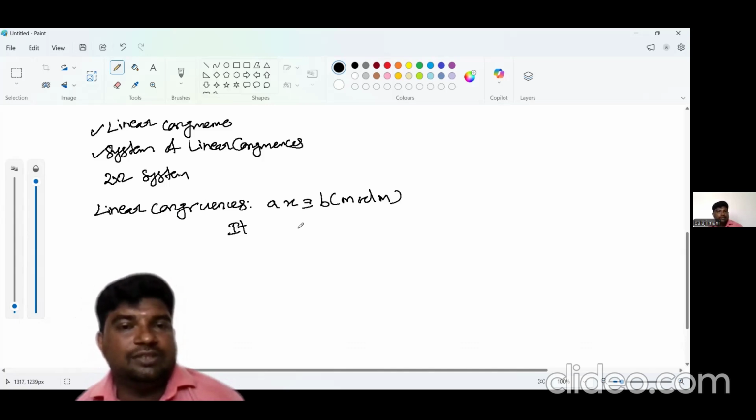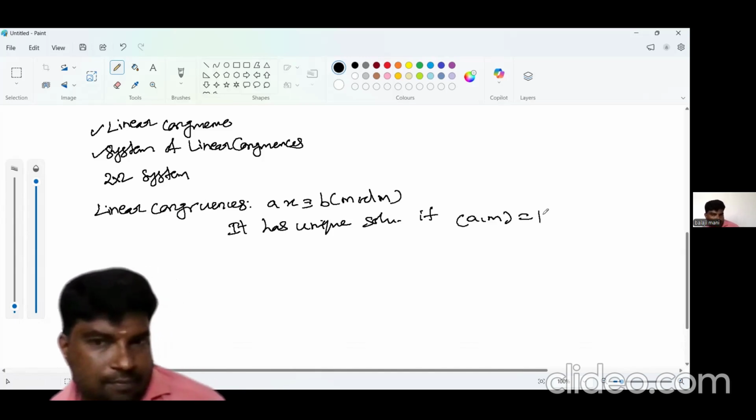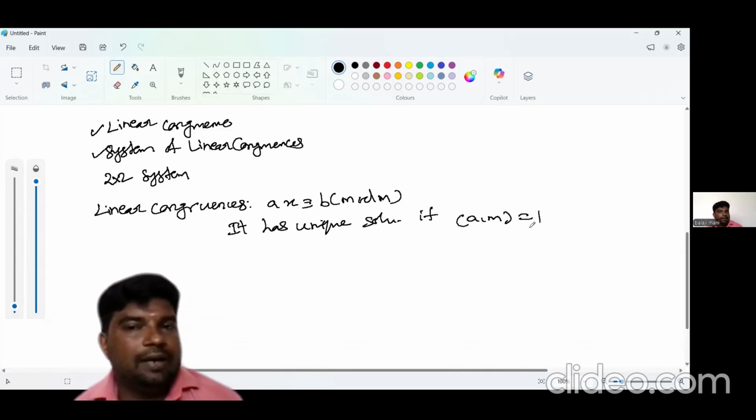It has a unique solution if the GCD of a comma m is 1. So if we get GCD is 1, then we are able to find the solution.